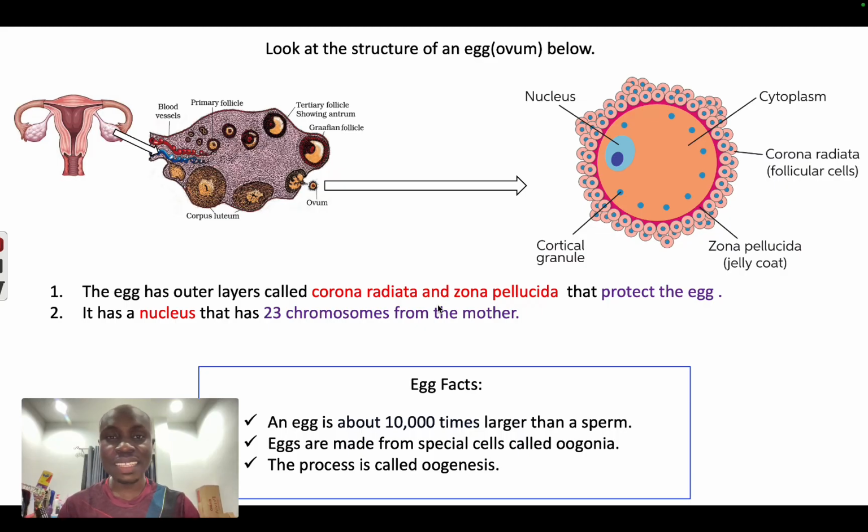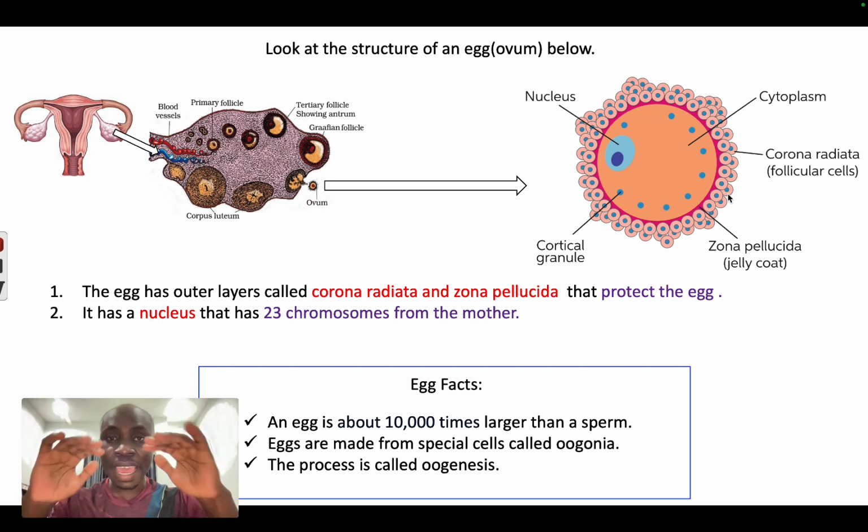Next, let's look at the structure of an egg or ovum. Here we have the two ovaries. If you zoom into one ovary, you'll see this structure, and right here is the structure of an ovum. If you zoom into the ovum, you'll see it has some layers around the egg.